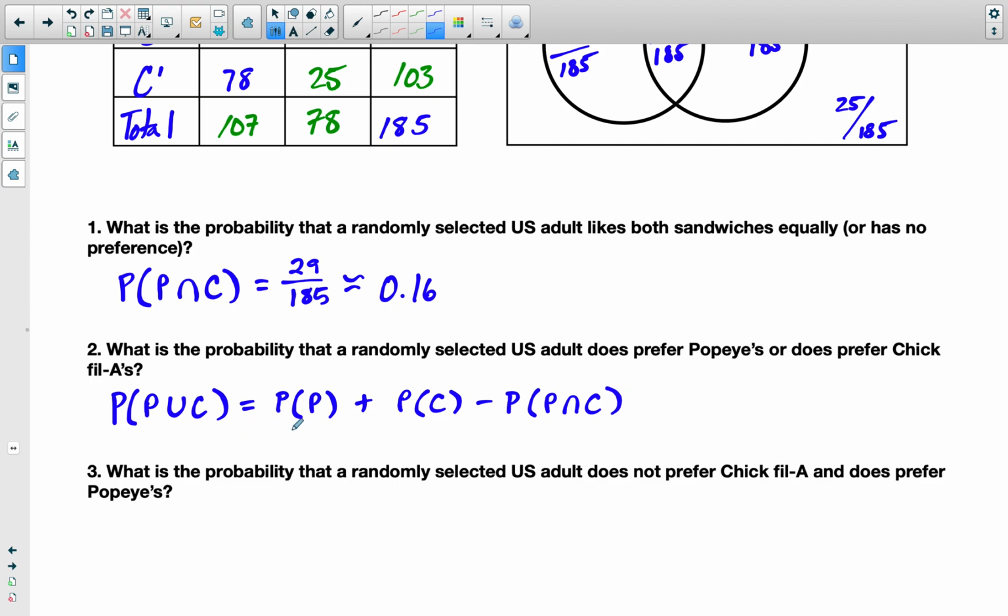Popeyes, it's 107 out of 185, plus Chick-fil-A is 82 out of 185, minus both would be 29 out of 185. That's going to give me 160 out of 185, like one or the other or both. That's going to be approximately 86%.